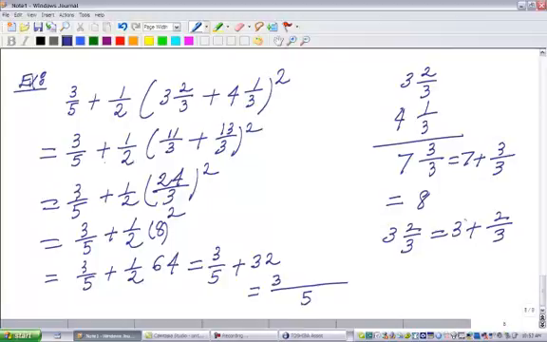So I get 3 times 1 plus 32 times 5, right? So this is equal to 32 times 5. What is that? So this is 163 altogether. Okay?